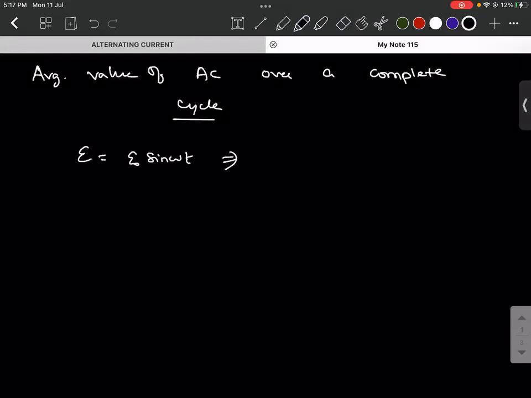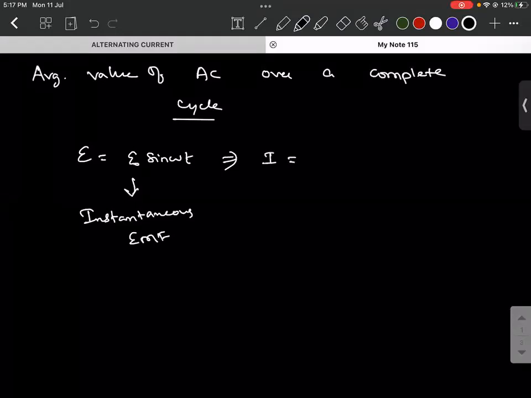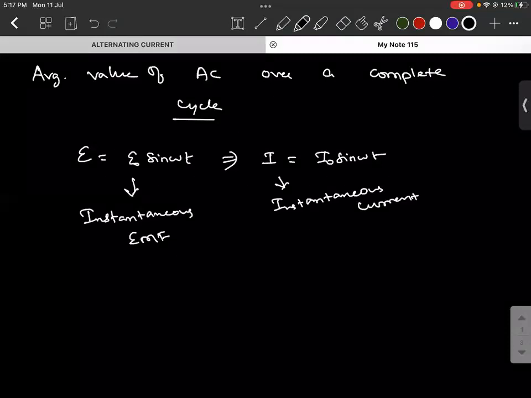This is the value of instantaneous EMF. If I want to write the value of instantaneous current, can I write I = I naught sin omega t, where this I we will call the instantaneous current?